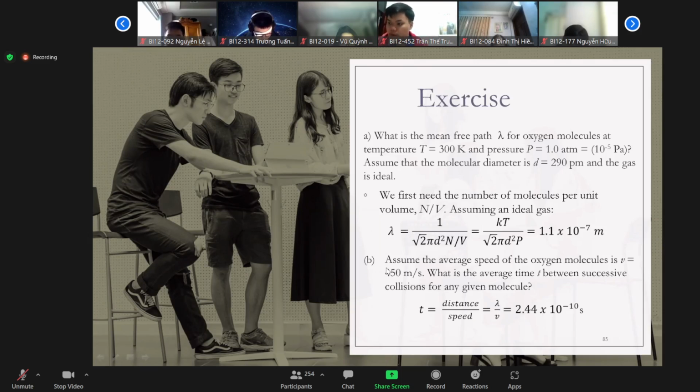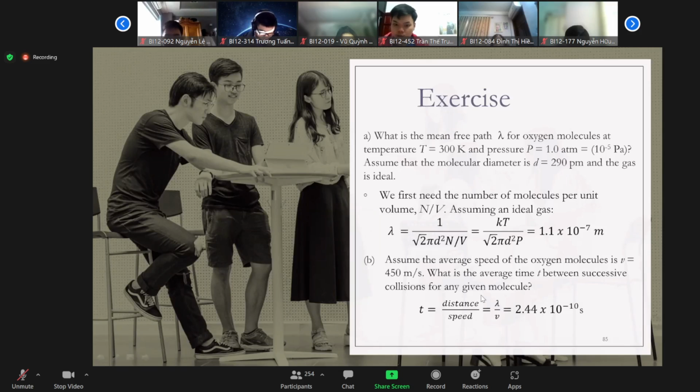Then we assume the average speed of the molecule is 450 meters per second. We need to find the average time between successive collisions. We need to calculate the time for any given molecule.